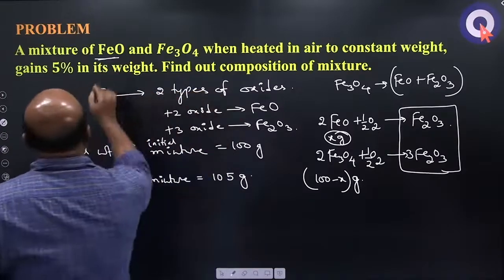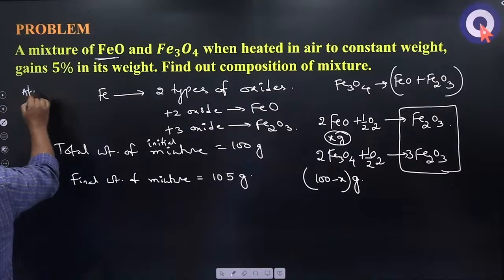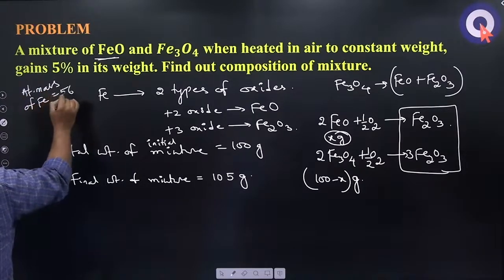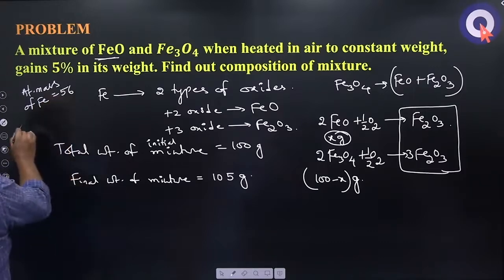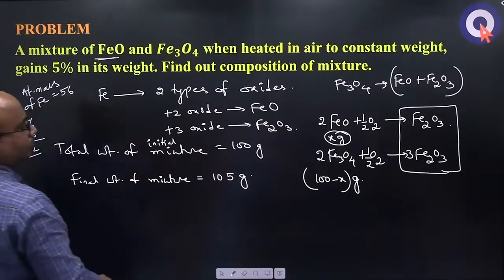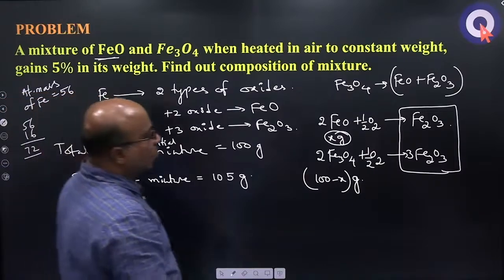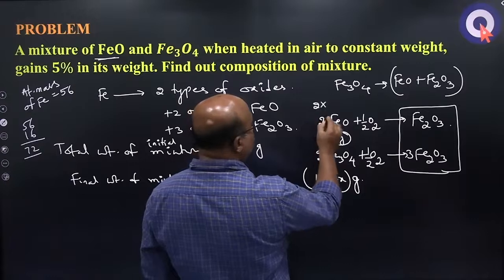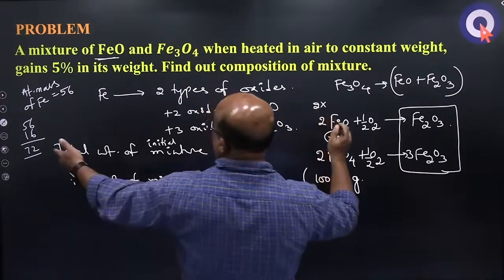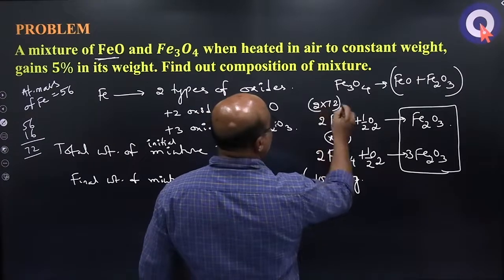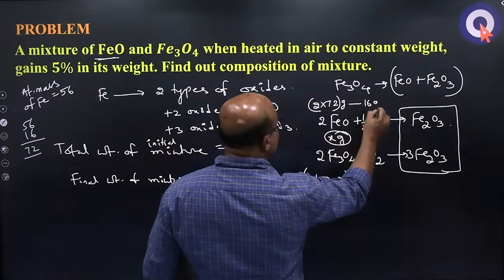The atomic mass of iron is 56. So what is FeO? 56 plus 16, that is 72. Here how much iron is reacting? 2 times 72 grams reacts with 16 grams of oxygen.